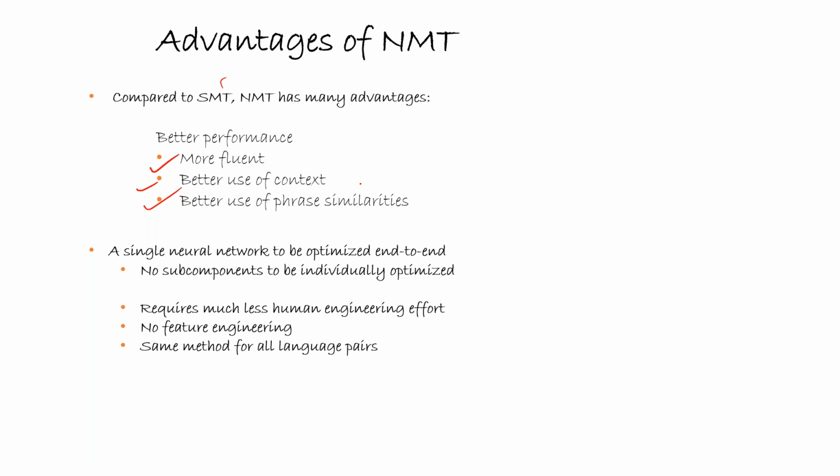It requires much less human engineering effort, no feature engineering, and the same method for all language pairs. That is one of the biggest advantages of neural machine translation, that you can use the same method for all language pairs, right? And no feature engineering has to be done. So this is very advantageous with any deep neural network.